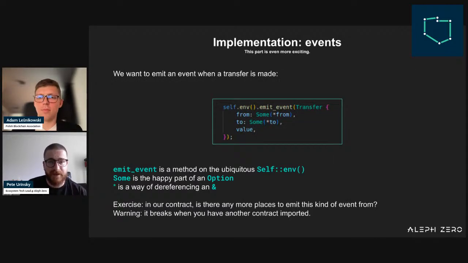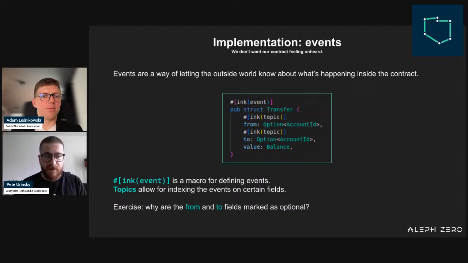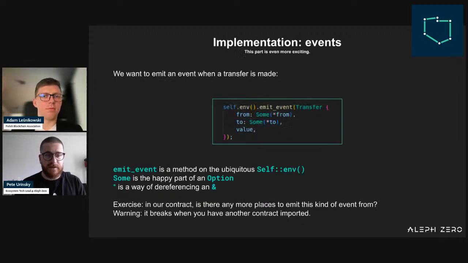Now, the way to emit the event is the following, using the env method. One thing I forgot to mention is that this option type that you see here, and one of its instantiations, Some, is just like a result, except the bad part, the error part, doesn't contain any description, it's just empty.